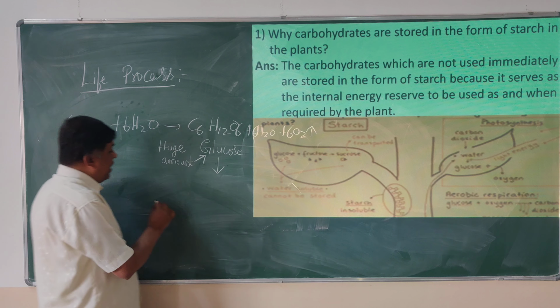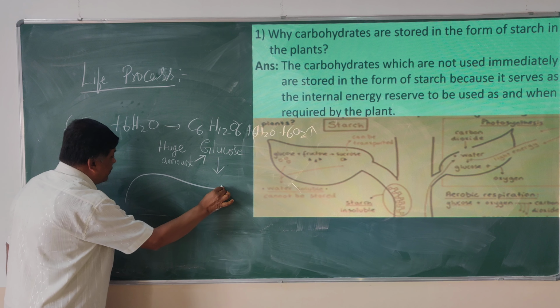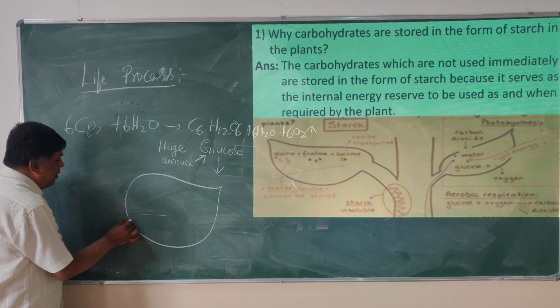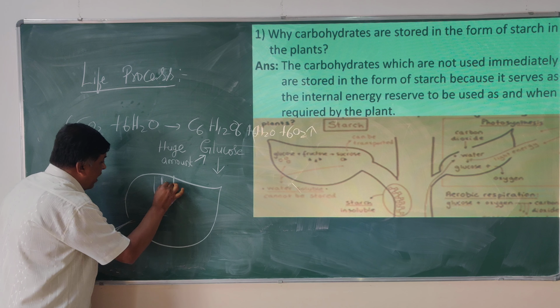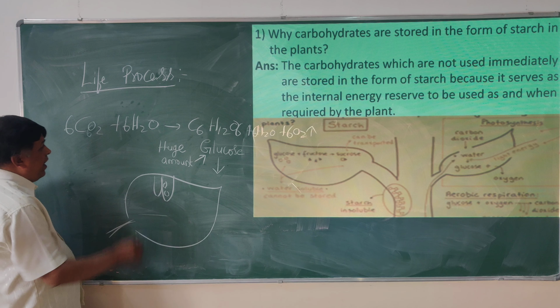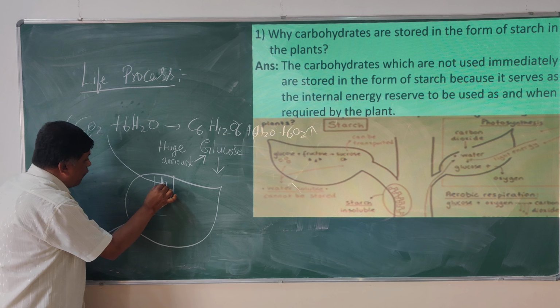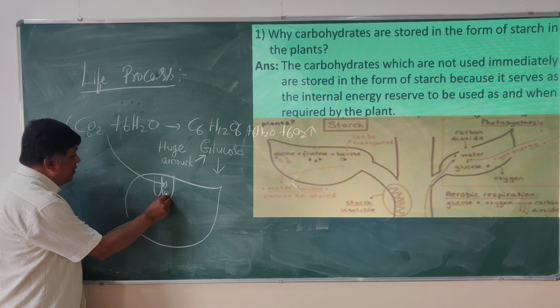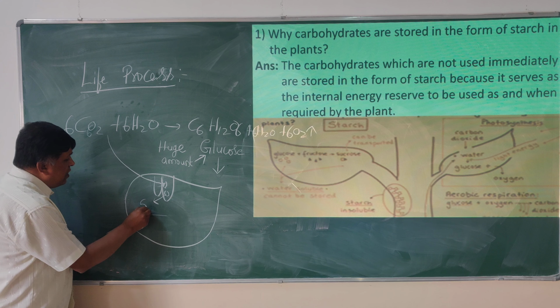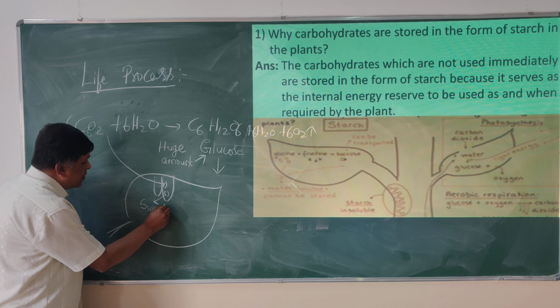First, photosynthesis occurs in the leaf, in the mesophyll cells present in leaves. They have chloroplasts where the process of photosynthesis takes place. Immediately, glucose is converted to sucrose.